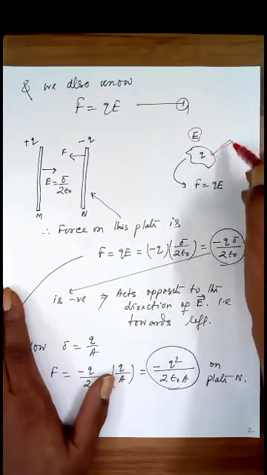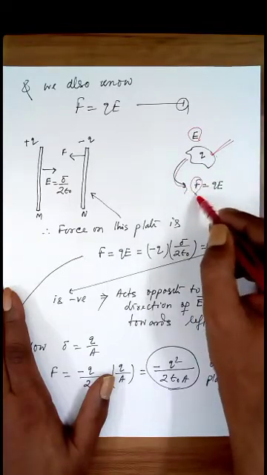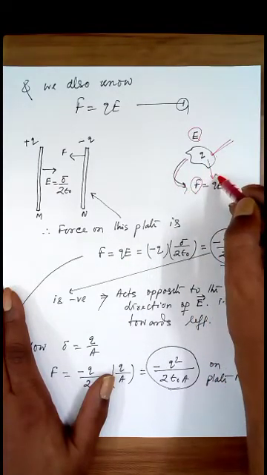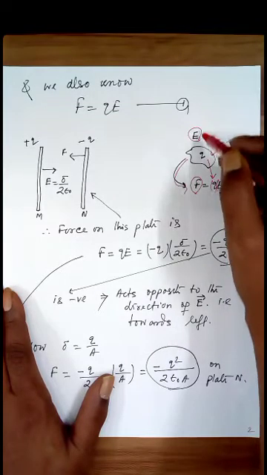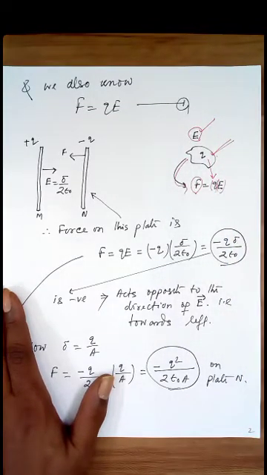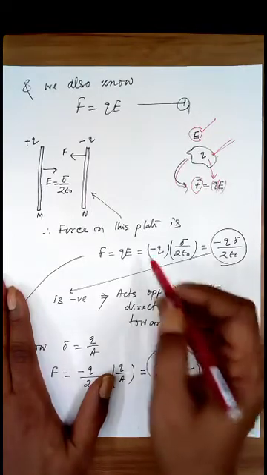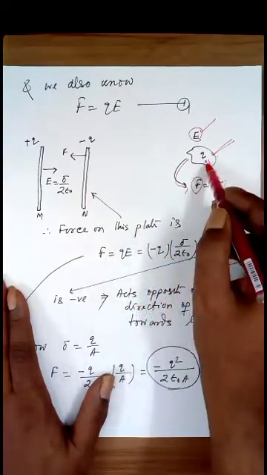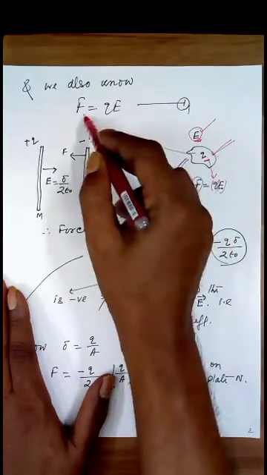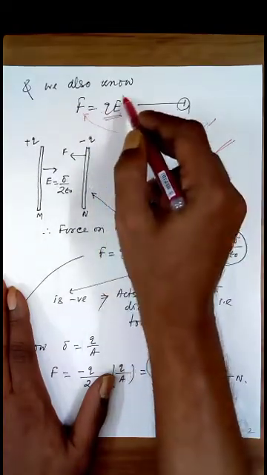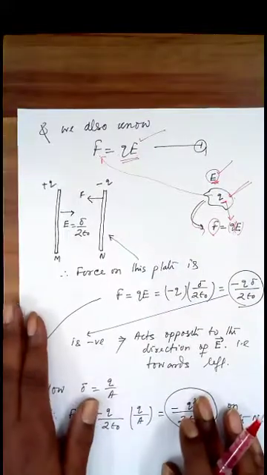Then this charge experiences a force F equal to the charge of this multiplied by the electric field E of some other charge configuration. So a given charge Q, when placed in an electric field E, experiences a force equal to QE. This we also know.